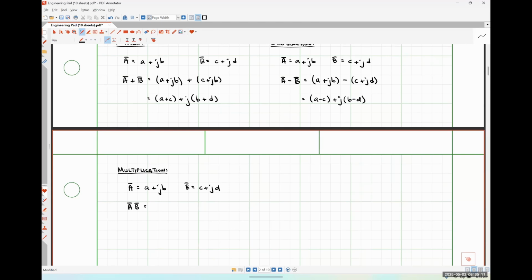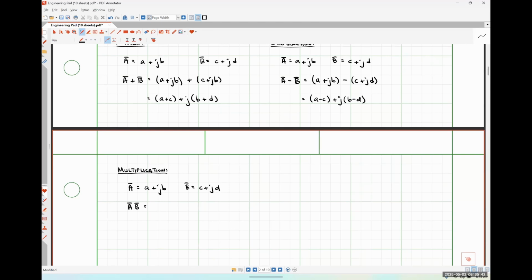Nor will I ever write A dot B, because I don't want you to confuse that with the dot product, which is another vector operation that does not exist for complex numbers. I can't do A asterisk B because that would make you think you should take the complex conjugate of A and multiply it by B. So my only option is to put two complex numbers next to each other and pray that you remember that means multiply, okay?